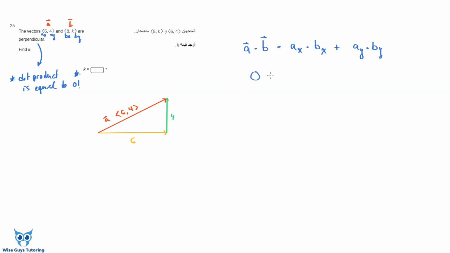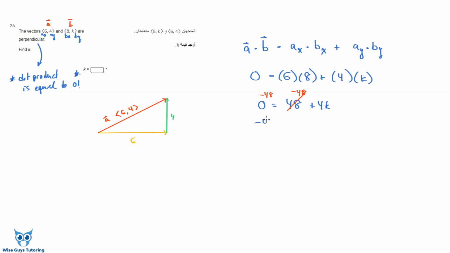Right? So if it's equal to 0, AX is 6 and BX is 8. AY is 4 and BY is K. Knowing this, I'll be able to solve for K. So 0 is equal to 48 plus 4K, meaning minus 48 on both sides to get rid of it.